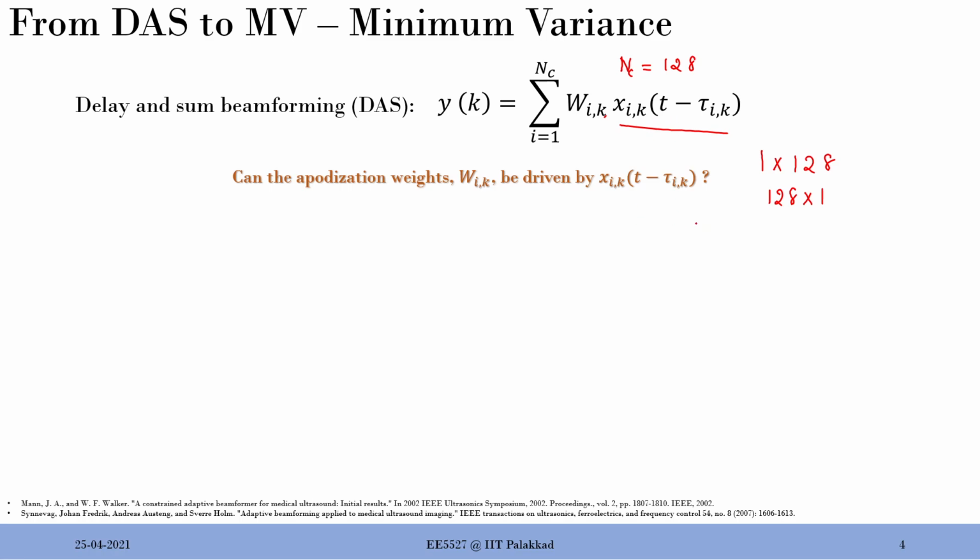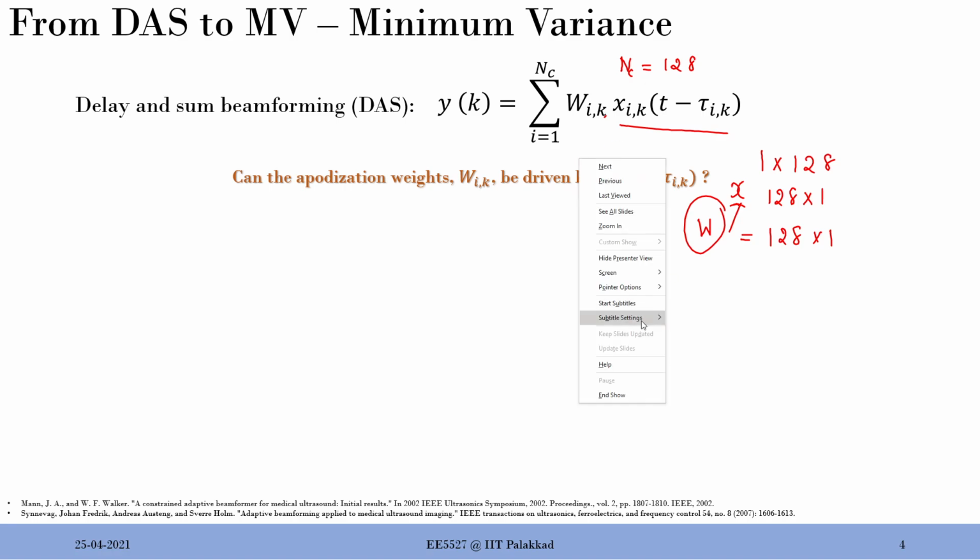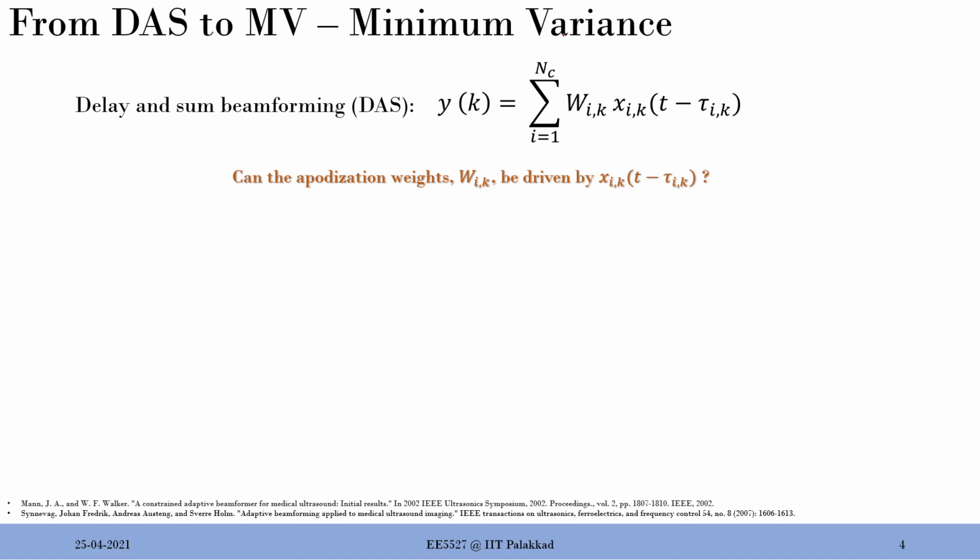Similarly W has the same dimension as X, 128 cross 1, because you need to weight each and every transducer with some value W, and our objective is to find this W dependent on this X. Many approaches are there, but we are going to talk only about minimum variance in this case.